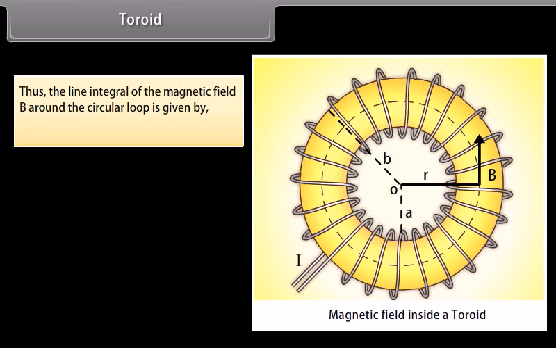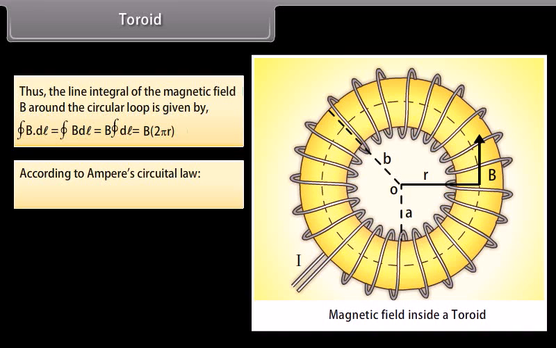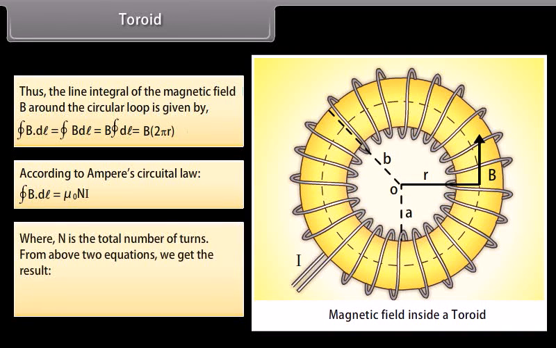Thus, the line integral of the magnetic field B around the circular loop is given by the product of B and 2 pi r. According to Ampere's Circuital law, closed integral of B dot dl is equal to mu naught NI, where N is the total number of turns.